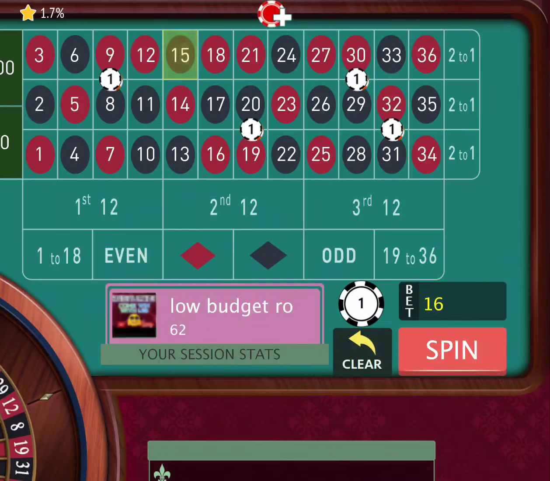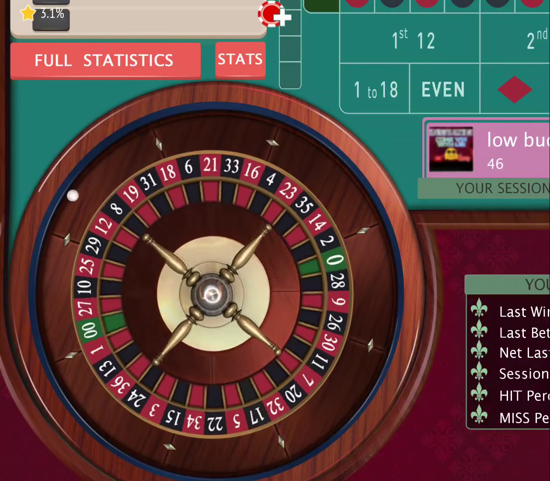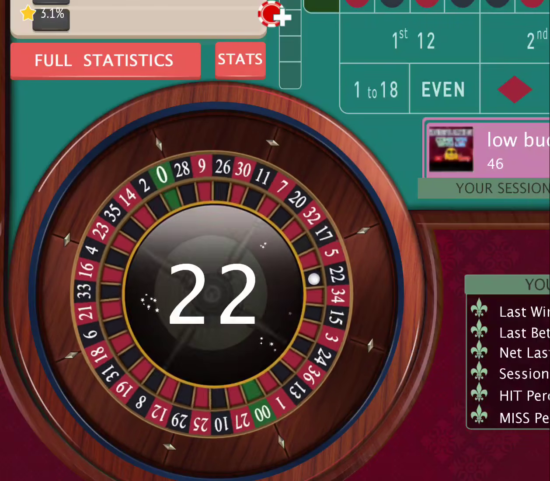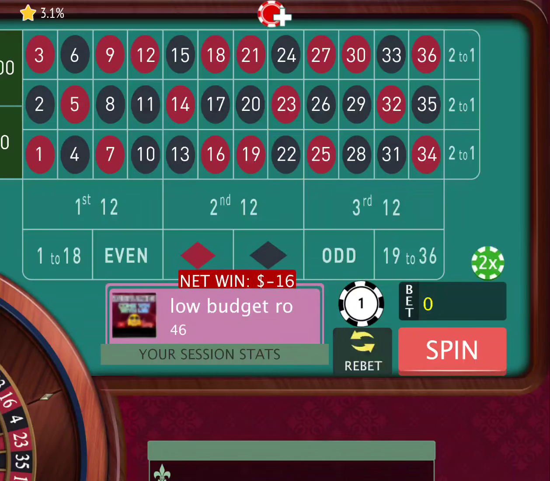15 comes out, and that is a miss. We will spin again. 22 comes out for a second miss.